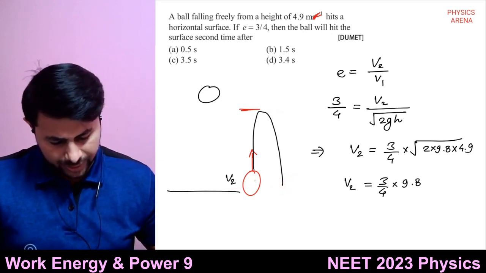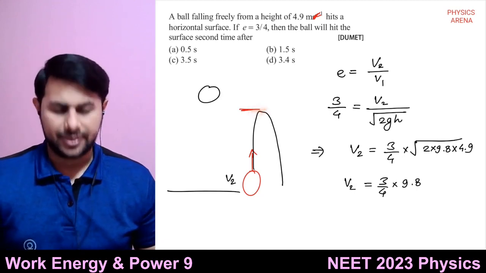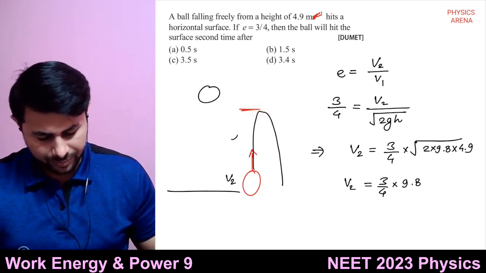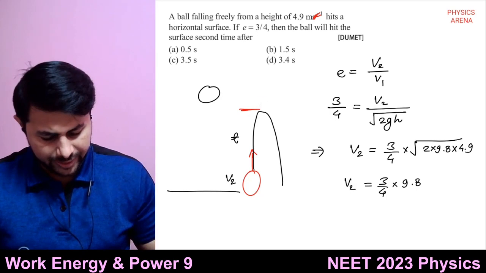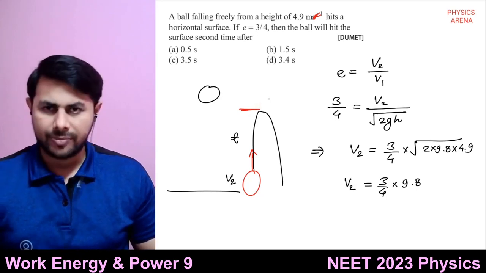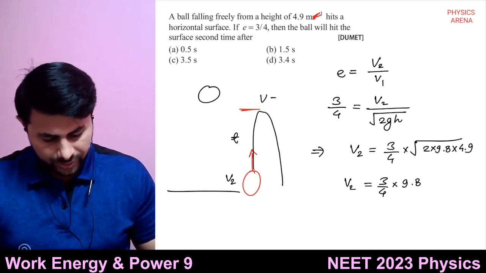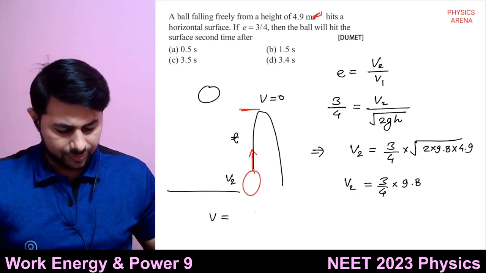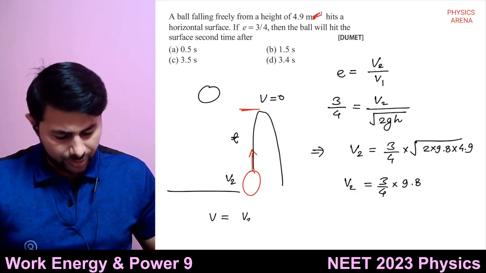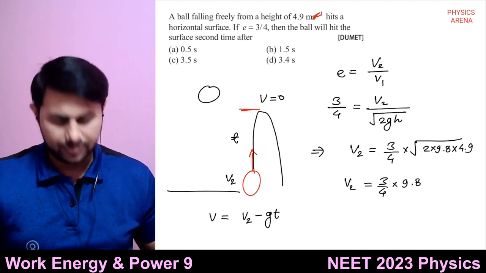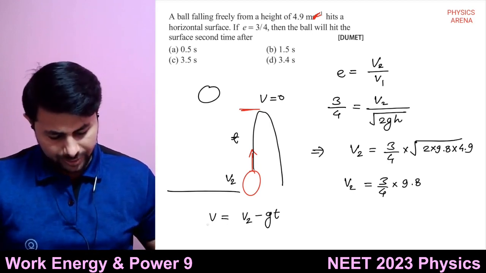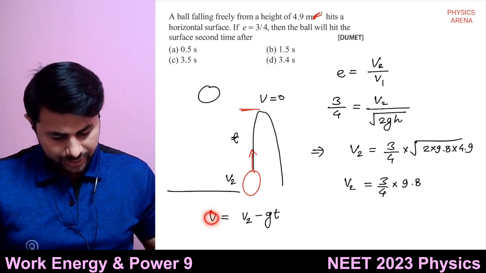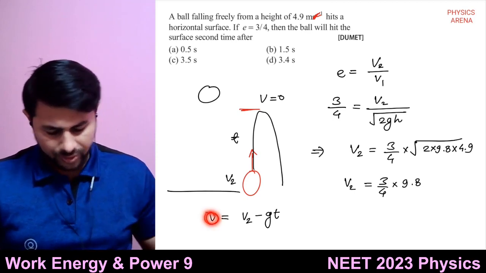So it goes till this height in some time t. At that height, the velocity becomes 0. So v is equal to v2 minus gt. Put v equals 0 over here.